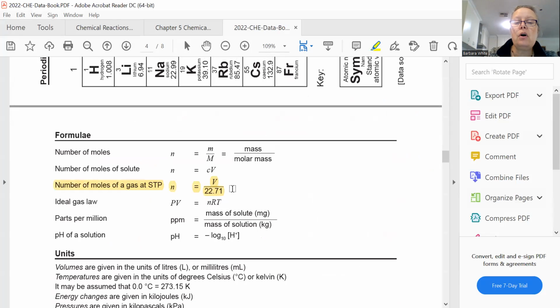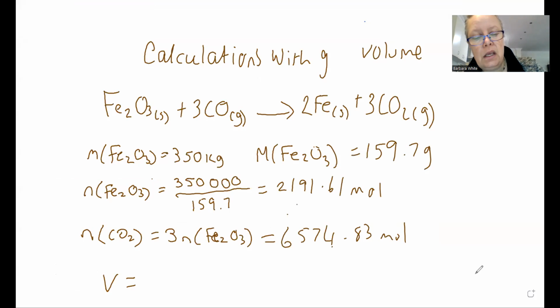We're going to go number of moles is volume divided by 22.71. So the volume is the number of moles times 22.71. Volume equals 6574. I haven't cleared the calculator because I want to keep that number in there.